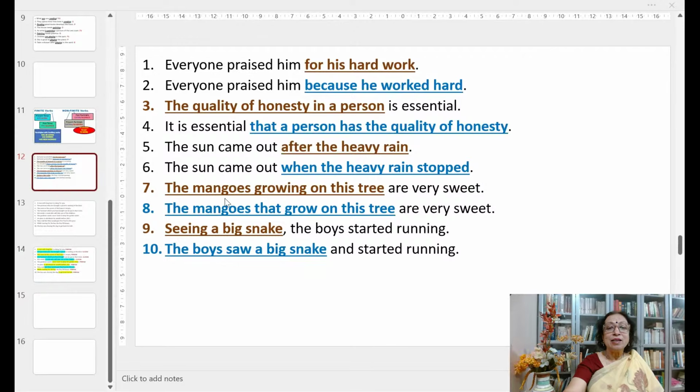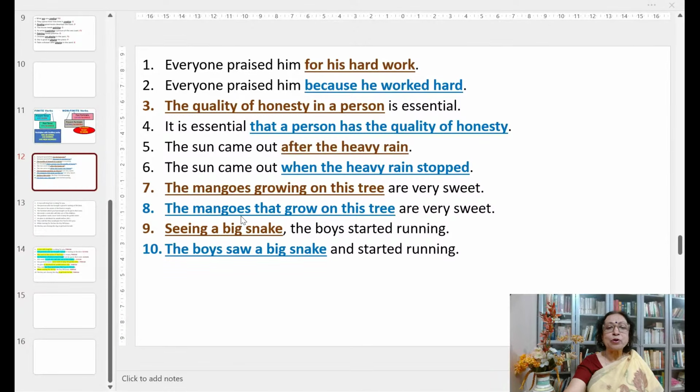Now you see, a group of words with meaning, no verb. So, phrase. The sun came out when the heavy rain stopped. After became stopped. Stopped is the past tense of the verb stop. Therefore, it is clear here that a verb is there. Therefore, it is a clause.